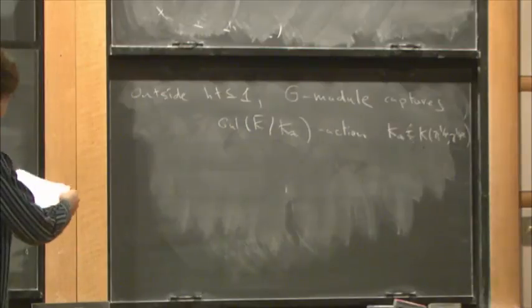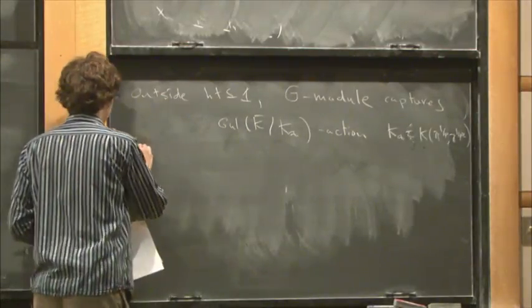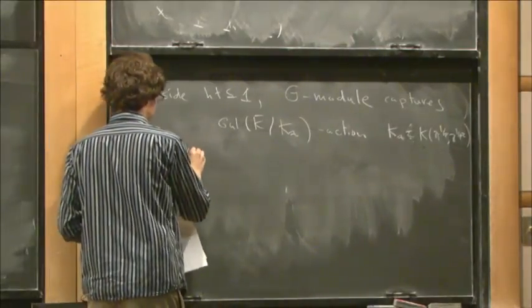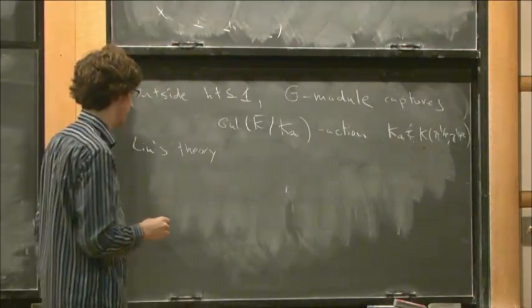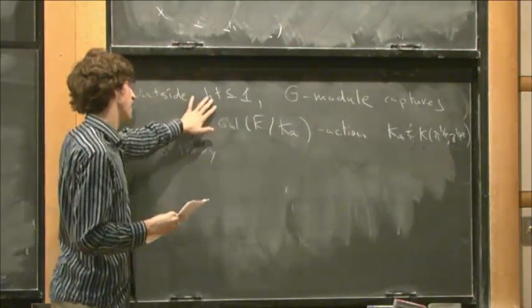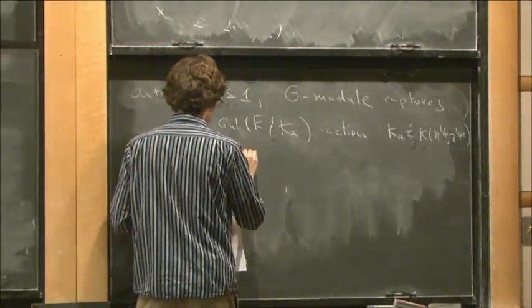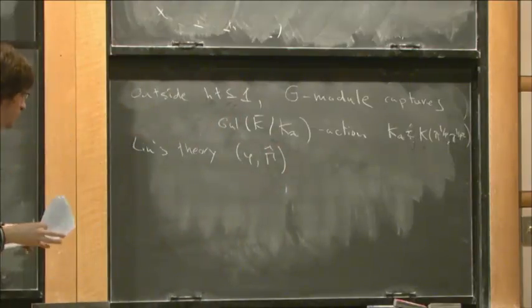Or maybe the next thing is an even better relationship, which is, what I use in my theorem is that there's a sort of souped up version of this theory, which does capture the full Galois action even beyond this height less than or equal to 1. So Tong Liu has this theory of what I call phi gamma hat modules.